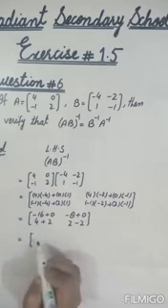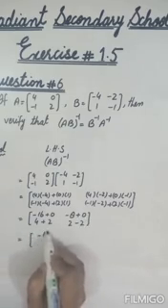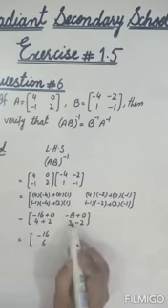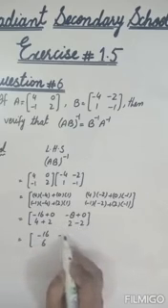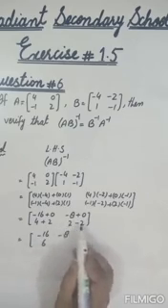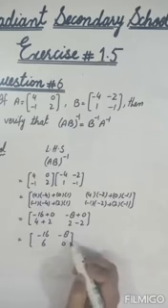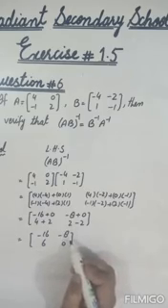Now the final answer is minus 16, 4 plus 2 is 6, minus 8 plus 0 is minus 8, and 2 minus 2 equal to 0. This is the answer of A multiplied by B.